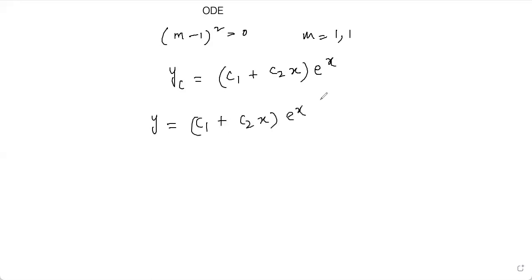The roots are real and repeated. So our complementary function yc will be (c1 plus c2x) into e to the power of x, and the given solution will be y is equal to (c1 plus c2x) into e to the power of x.